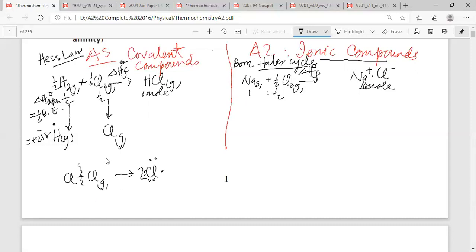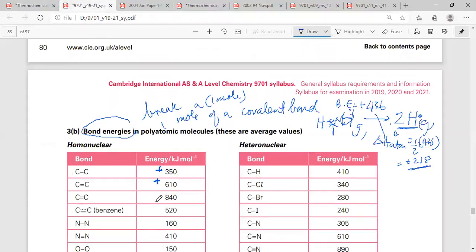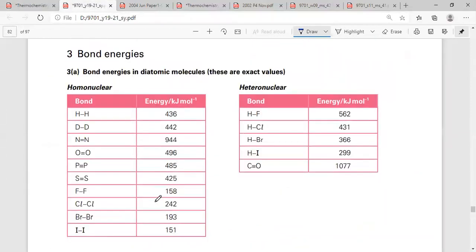So this is called the bond energy. If you refer to your data booklet, for chlorine it's 242 here, but sometimes it's given as 244. So don't worry, follow the data booklet.